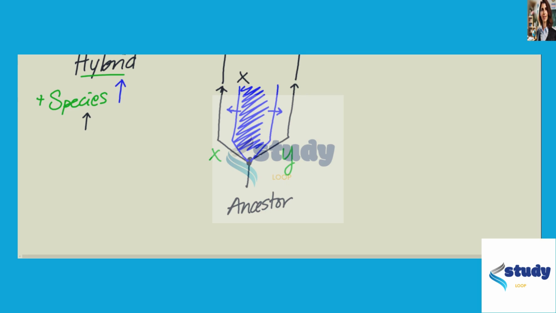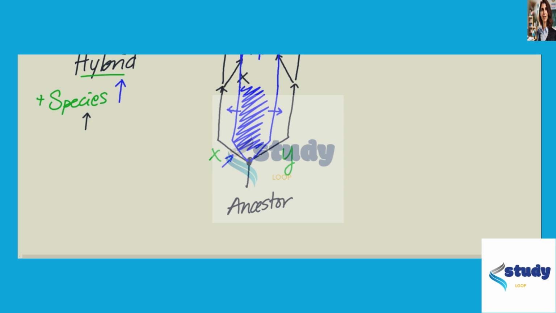The second scenario is going to be where the hybrid is highly favored. So these two species that originally diverged from one another are going to start favoring that hybrid or sort of combination of the two. And they're going to start to form that hybrid sort of species together.